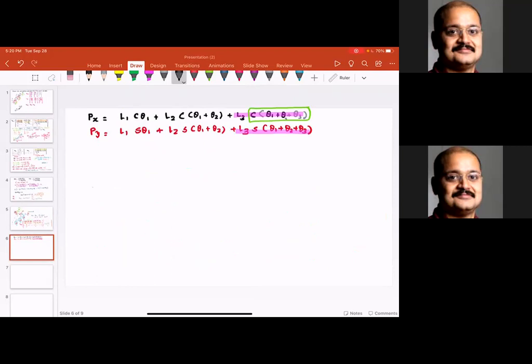Everyone understood this? So as soon as you subtract that, your equation is going to look like Px bar is equal to L1 cosine theta 1 plus L2 cosine theta 1 plus theta 2.